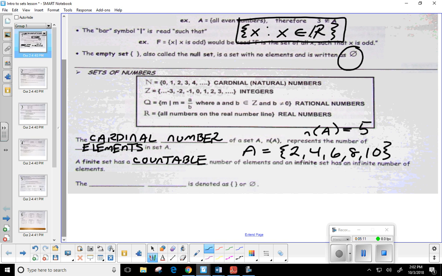So that would be an infinite set. And then the empty set is denoted as empty brackets or the no solution symbol. So empty set, and what else did we call that? Starts with an N. The null set. We could also call it the null set.